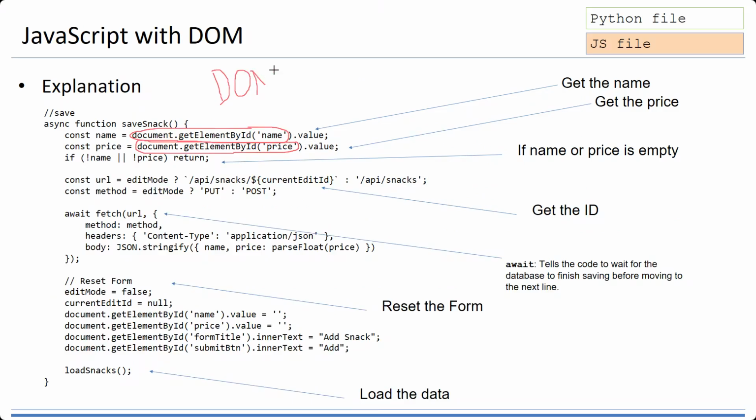Do you still remember what is DOM? We call DOM the document object model. So the document object model means I'm going to call the name based on the document. The document means the HTML.